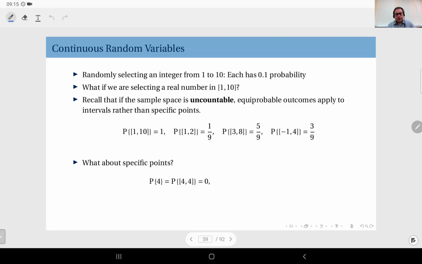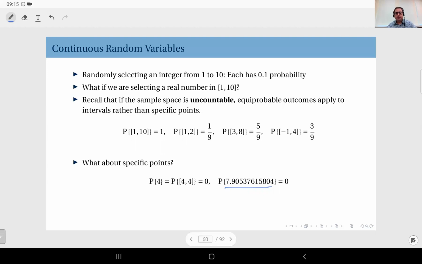Being exactly 4 means you are in the interval 4 to 4, because that's the only single point in this interval, which has a length of 0, and therefore the probability of this specific point is 0. And this is true for any specific value you can think of. It will have a probability of 0.